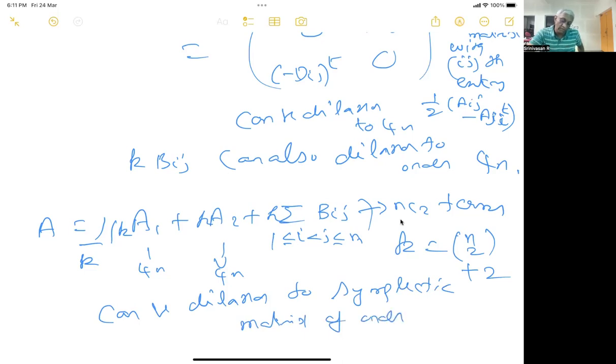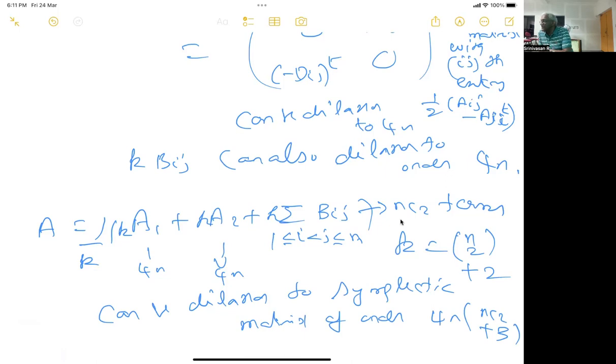So this is basically 4n into (nC2 plus 3). Because the first one is 8n, second one is 4n, then k times 4n, each one is 4n, so we got the theorem. That's all. So we proved the theorem.